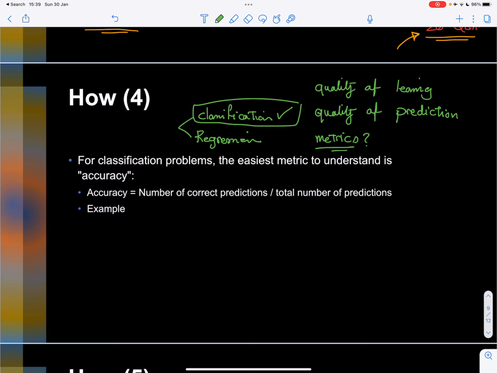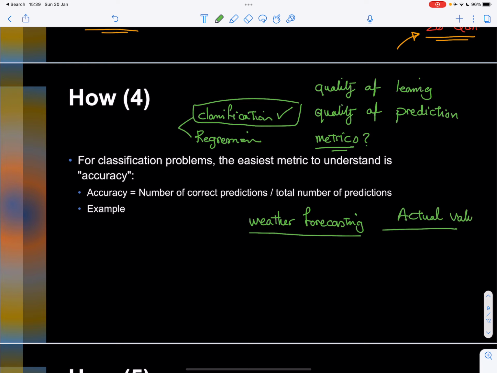Let's assume that we have a forecasting channel for weather forecasting and actual values. The actual values of weather. We predicted that 31st of December would be sunny, but it was rainy.